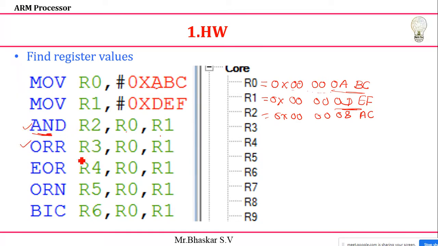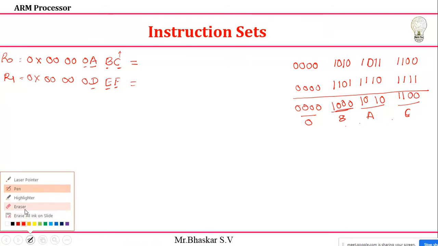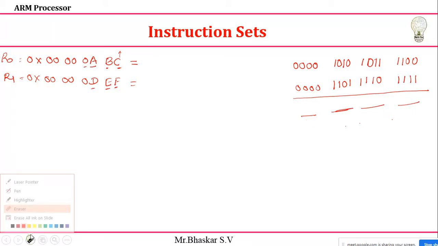Now next, the R3 value I want. It is the OR operation. ORR is an instruction, and I need to store the result in my R3 register. Now you do the same process for the OR operation and tell me the answer. What is the value you get? See, OR operation means both bits 0, then only it is 0, otherwise it is 1 only, right?